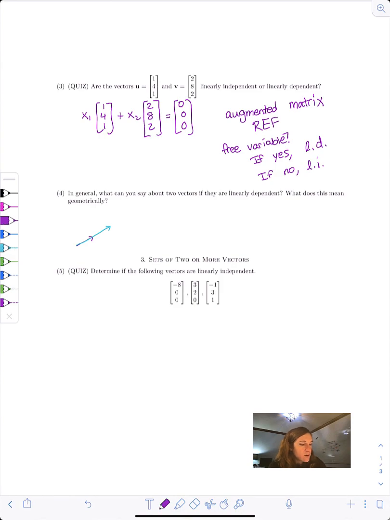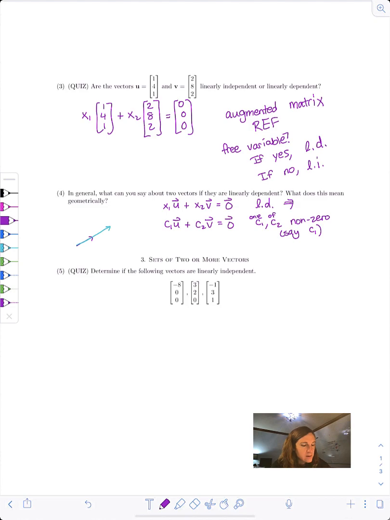So in general, if you just have two vectors, you have x1 times u plus x2 times v equals 0. If they're linearly dependent, then that means you have some c1 and some c2 that make this equal to 0, where one of c1, c2 is non-zero. And let's just say c1 is non-zero.